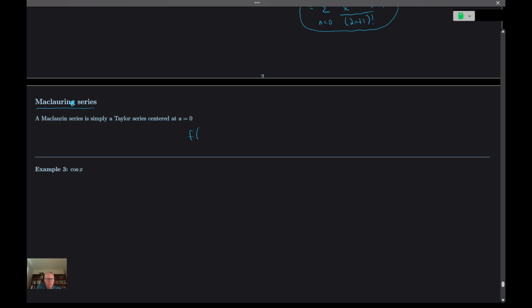And so this formula is just f of x is going to be the sum from 0 to infinity of the nth derivative of f, evaluated at 0, over n factorial, times x to the n. This is just the Taylor series, but we're plugging in 0 for a. And so it's not x minus a, it's just x.